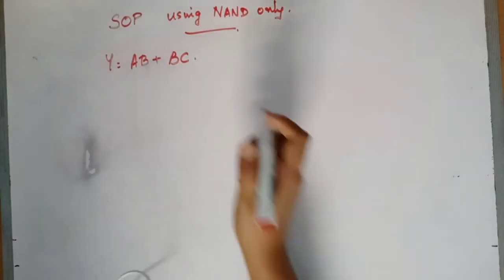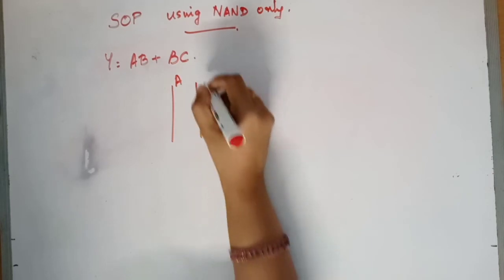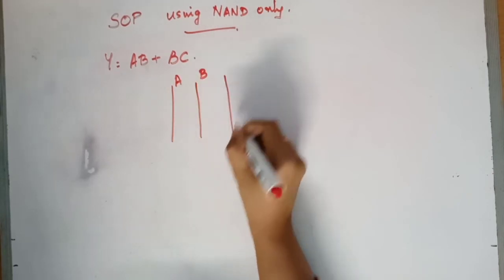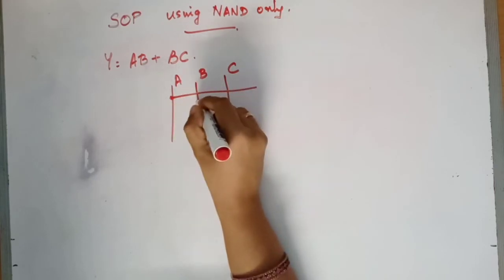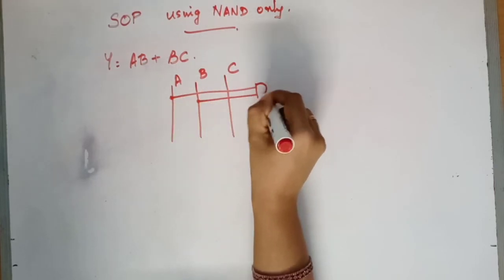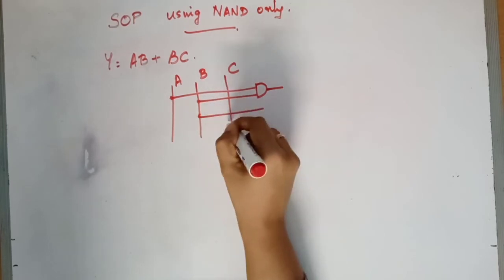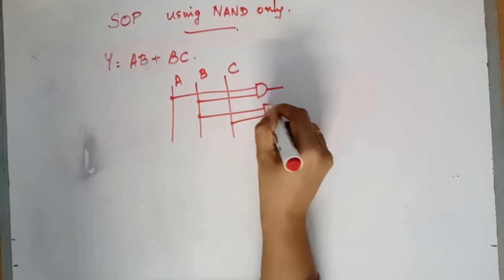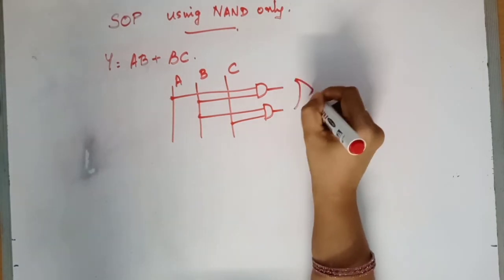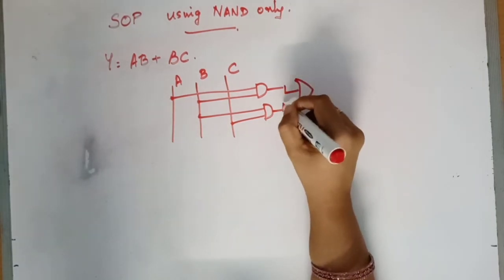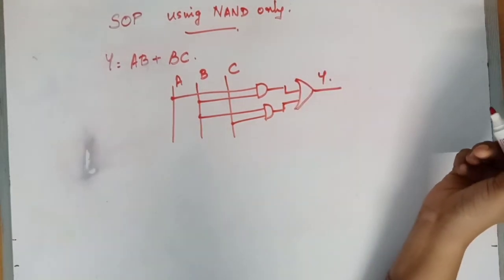Normally what you will do is take A, B, C, get AB and BC, then you will OR it. You will get AB plus BC.